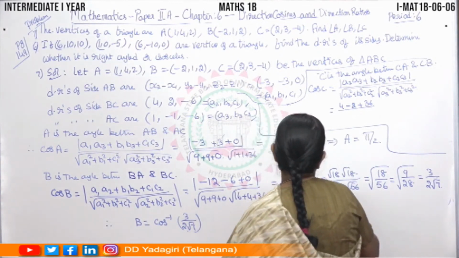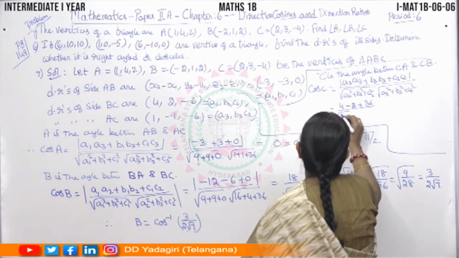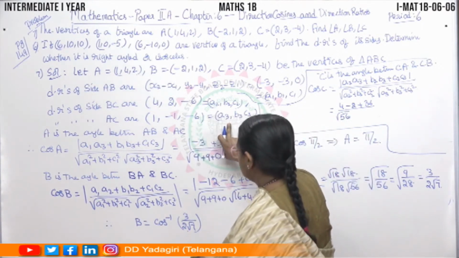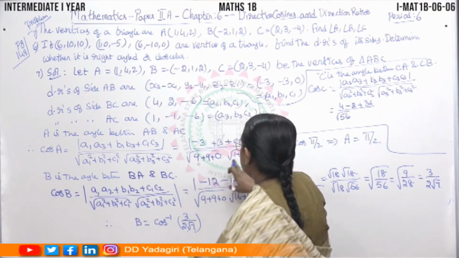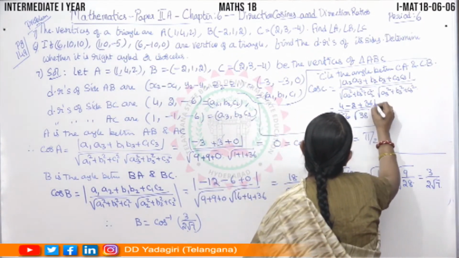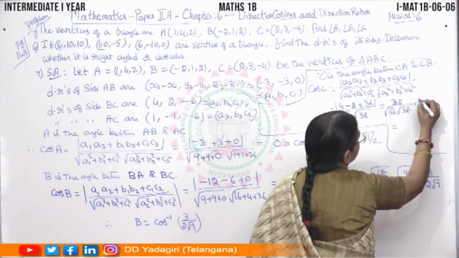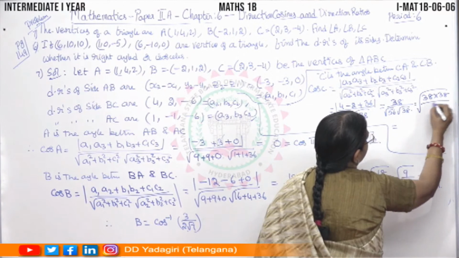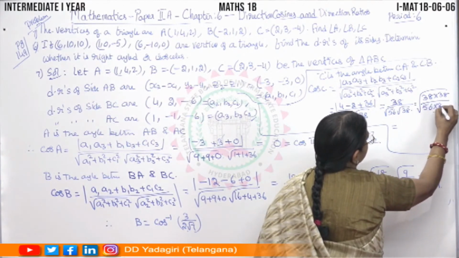So root 56, that is root 56, and AC. AC is 36, that's 38, root 38. We'll get like this. It is root of 38 into 38 by 56 into 38.